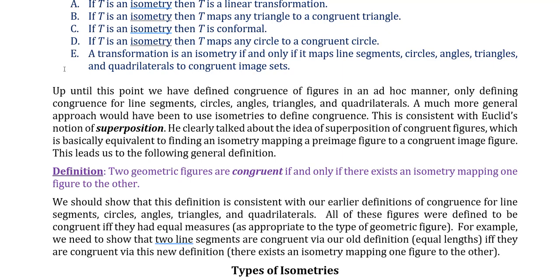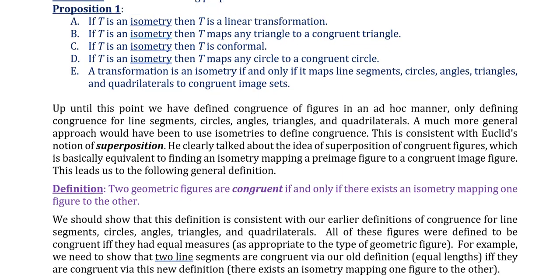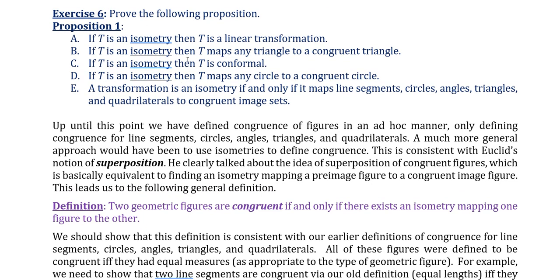Once we prove this theorem up here, our transformation proposition 1, this proposition is going to tell us that isometries do map a triangle to a congruent triangle. It's going to tell us that it does map lines to lines and line segments to line segments. It tells us that it's going to map angles to congruent angles, circles to congruent circles, triangles to congruent triangles, and line segments to congruent line segments.